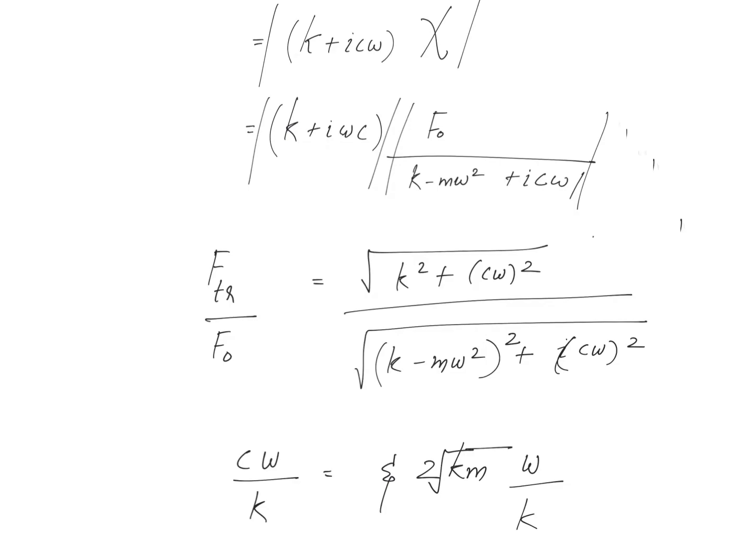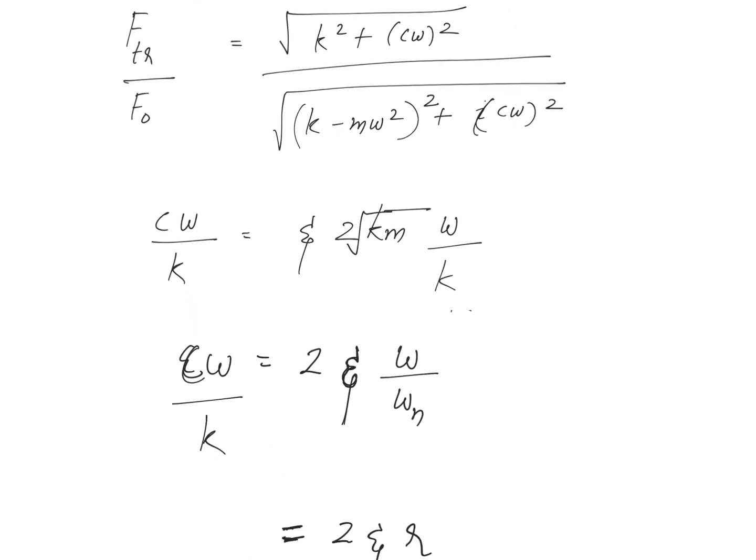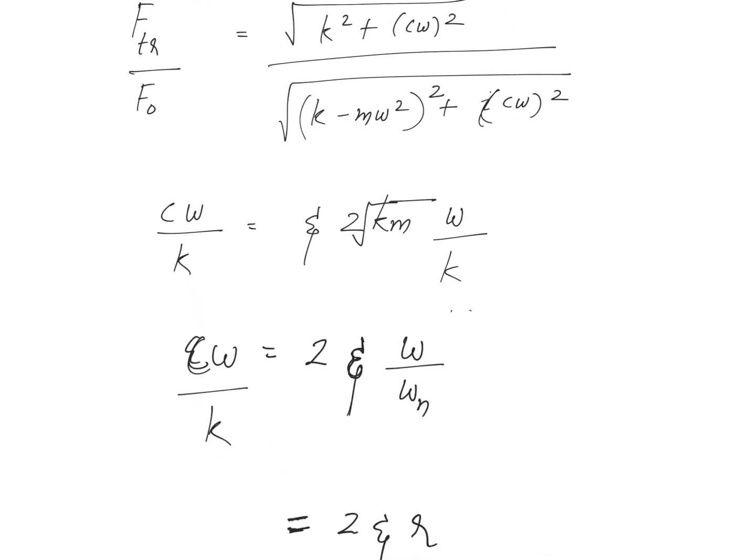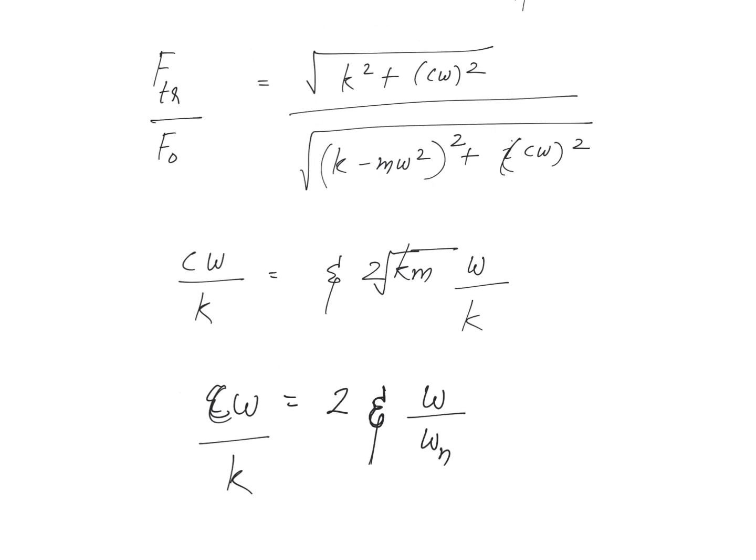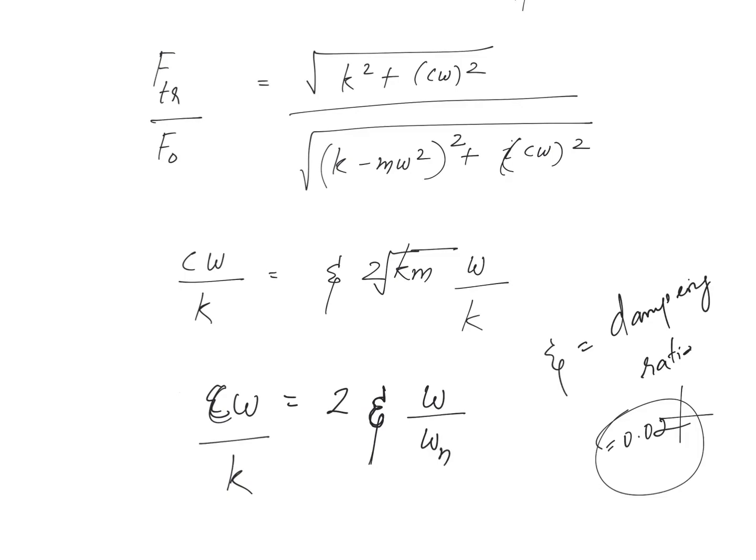Then again some simple mathematical manipulations to give a feel. I am dividing both denominator and numerator by k, and bringing in the substitution for c omega by k. So here, a couple of things. Zeta is our damping ratio, very normally used in engineering calculations. Sometimes we use values like 0.02, but that is of no interest in this problem.